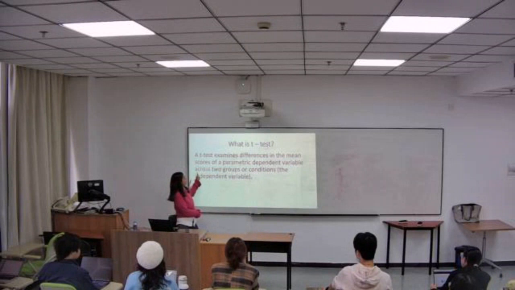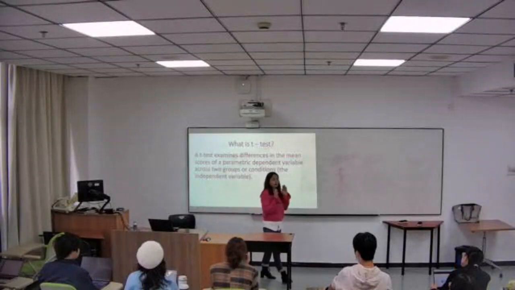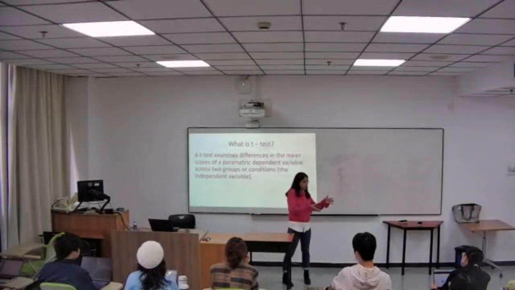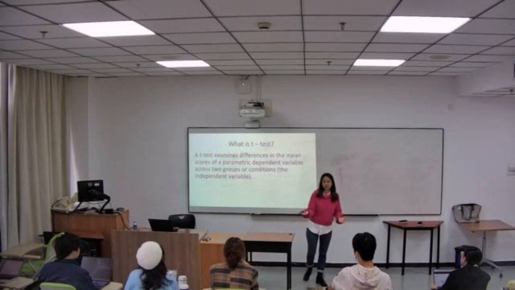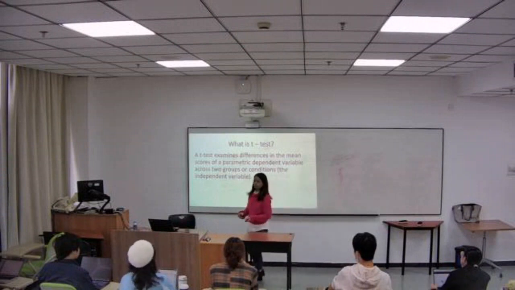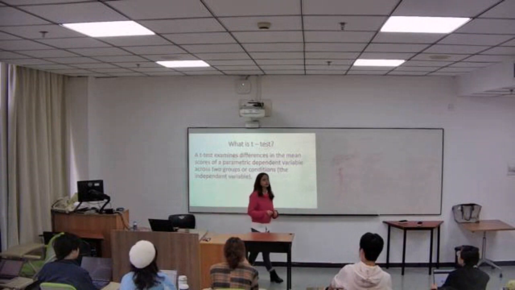The dependent variable across 2 groups or conditions, that is the independent variable. Remember, independent variable and dependent variable? Any example of independent and dependent variable? Can I hear any example? Give me an example of IV and DV.